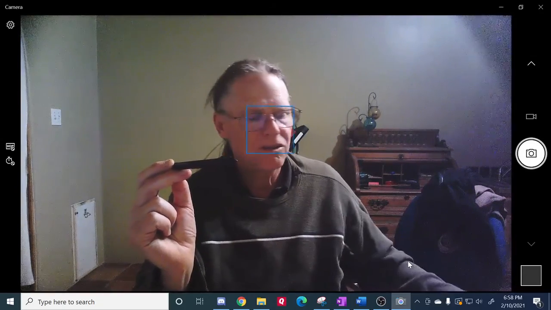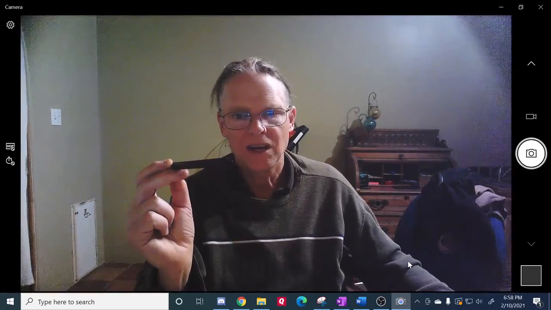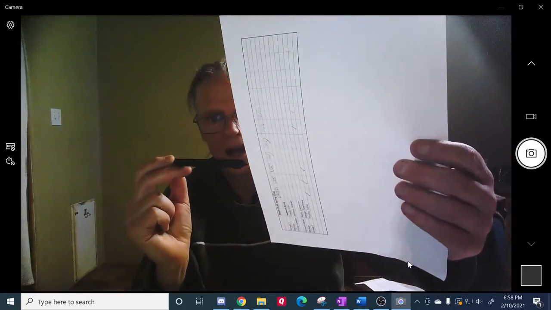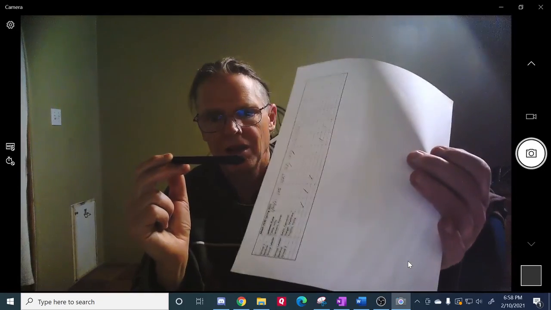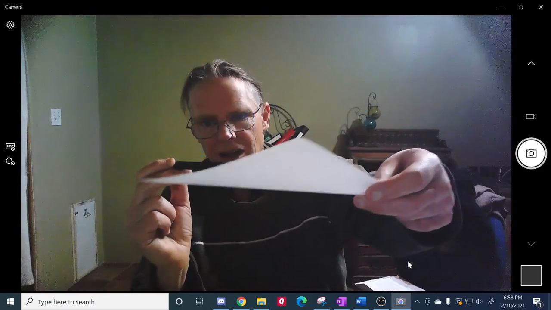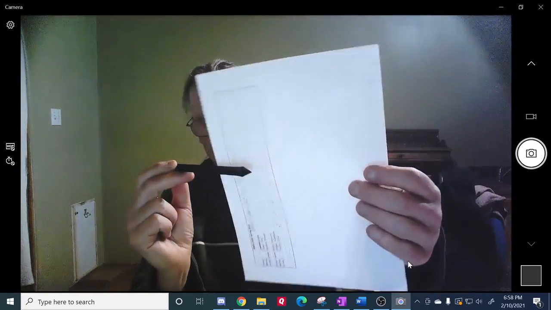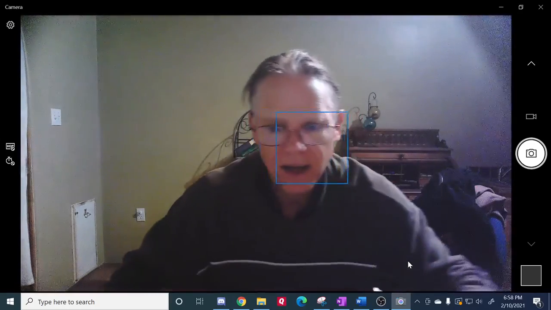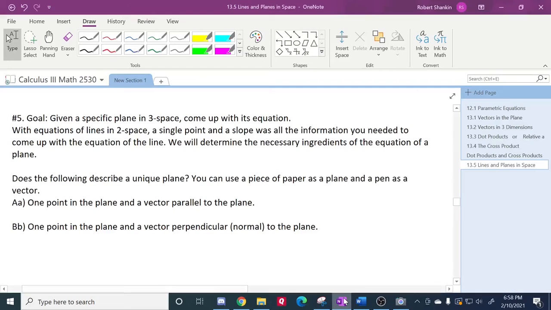Now, does that describe a unique plane? Well, I can have a plane that goes through that, but I can cock that plane at an infinite number of different angles. And this plane has to contain this line, but there's an infinite number of planes that can do it. So the answer is no. It does not determine a unique plane.